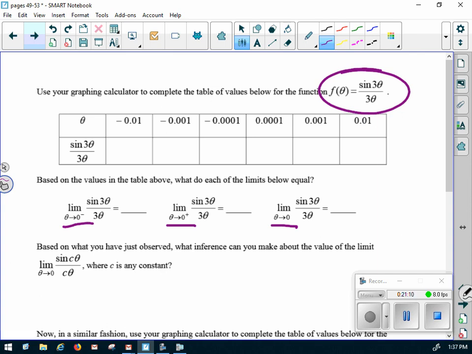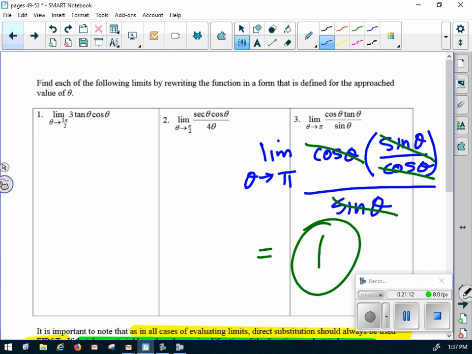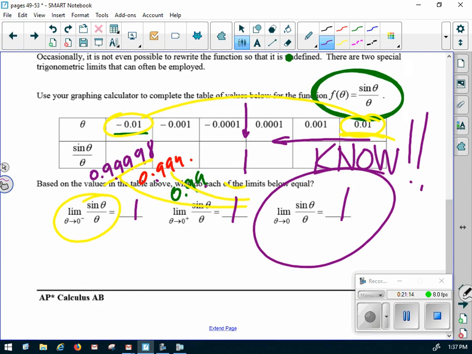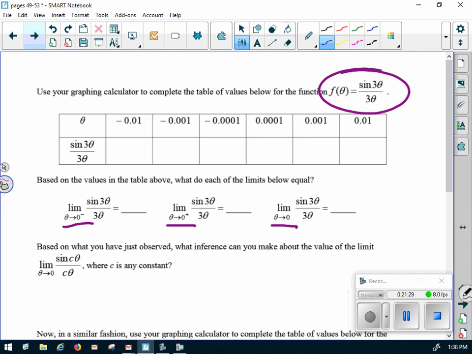You may not believe this, and if you don't, get your calculator out on your own time and figure it out. But the numbers that go in that table are the same as the numbers here. They are the same. We are going to run out of time. Those 0.99s, yeah, the 0.99s.